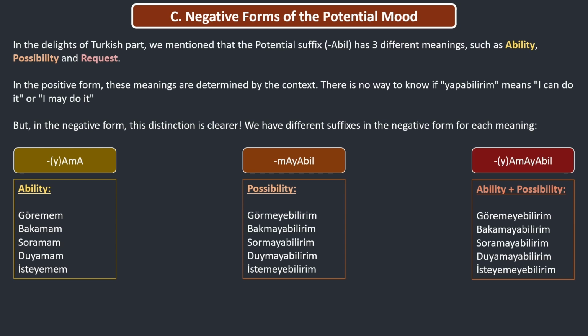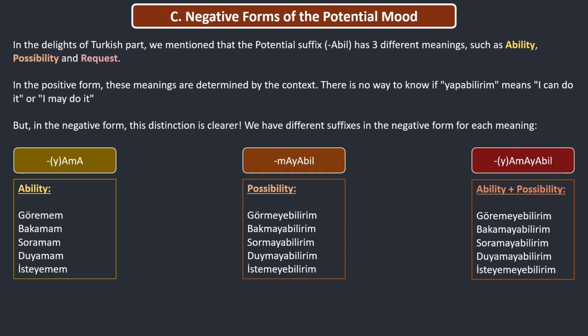So, the most basic one, I cannot see something. Göremem. I cannot look. Bakamam.